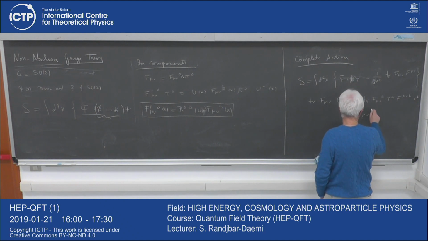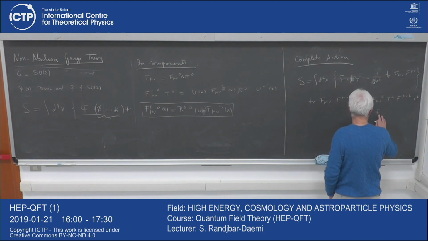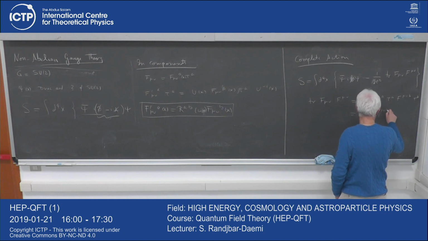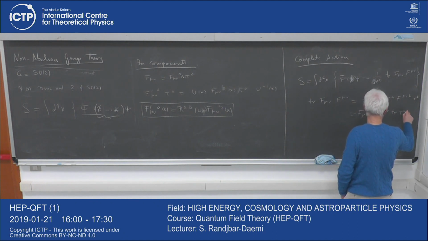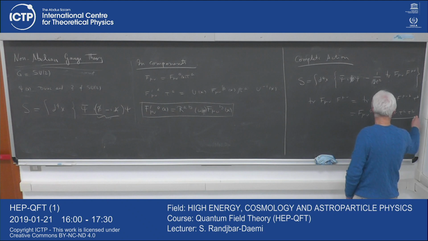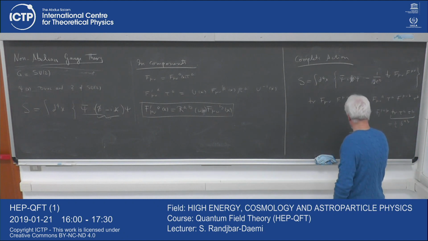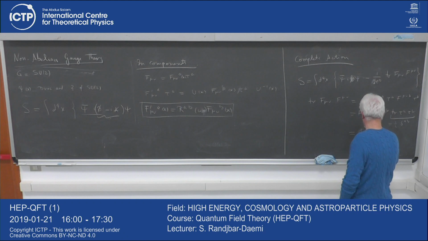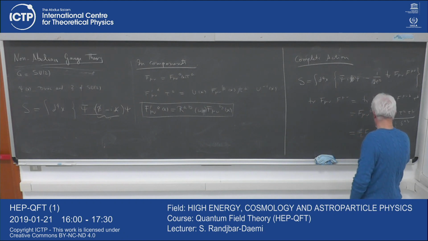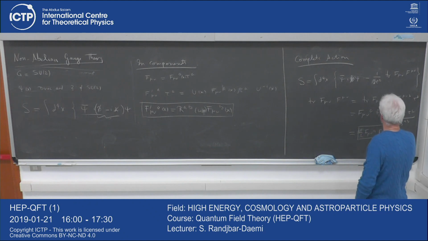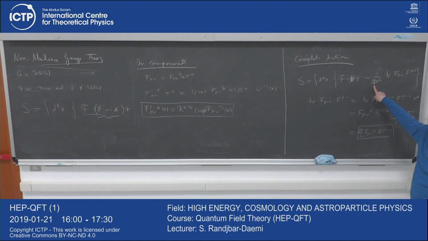You can take F_{mu nu}^A F^{mu nu B} outside. This becomes tau^A tau^B, and this trace is 1/2 delta^AB. Therefore, this becomes 1/2 F_{mu nu}^A F^{mu nu A}. With that factor, it becomes -1/4 F_{mu nu}^A F^{mu nu A}.